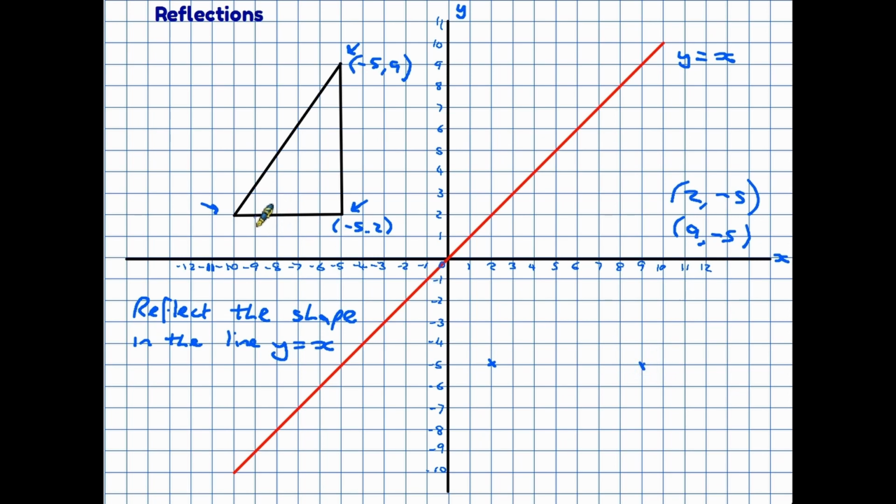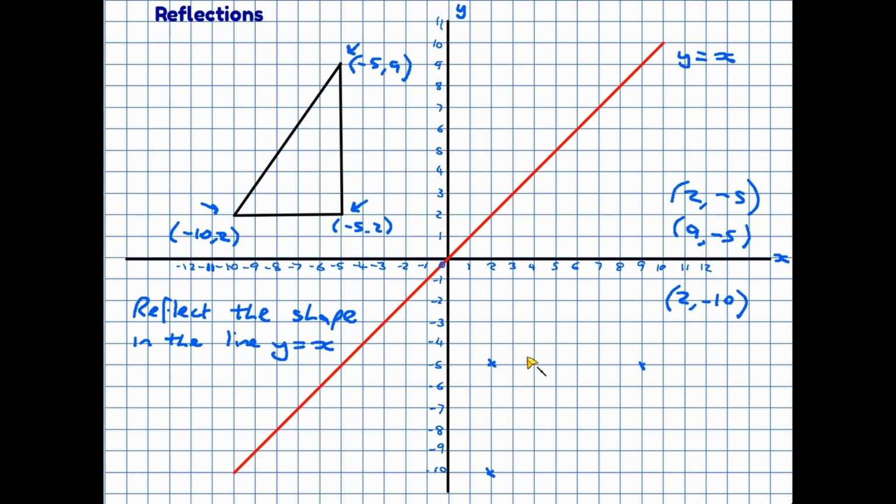And finally, our third corner is at -10, 2. So let's swap that round. That becomes 2, -10, and that's going to be our third corner, which puts it down here.